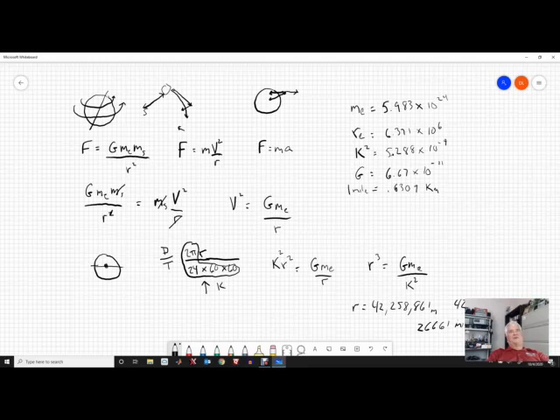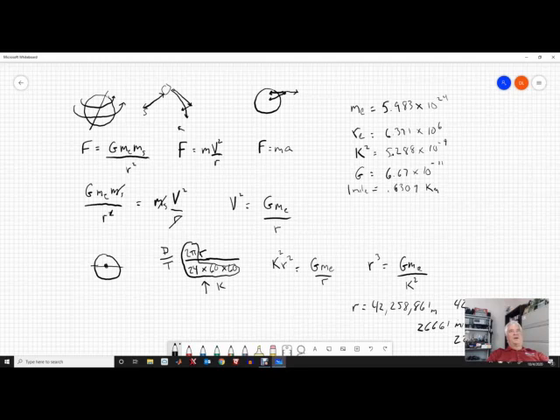And so the Earth being roughly 4,000 miles in radius, we observe that the orbital altitude is 22,661 miles. And I happen to know that that result is roughly correct.